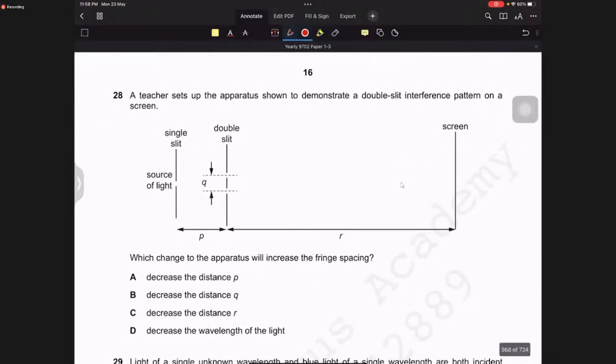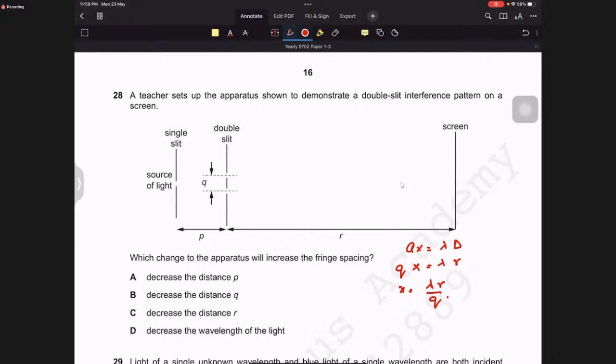And then, which change in the apparatus will increase the fringe spacing? So it is basically ax equals lambda D. A in this is Q. The source of light doesn't really matter. x is the fringe spacing, lambda is lambda, D is R. So we are looking at x, so let's make it the subject. Now let's see what they have.